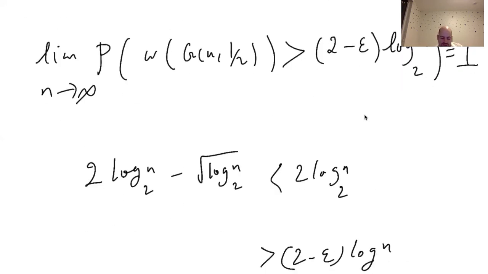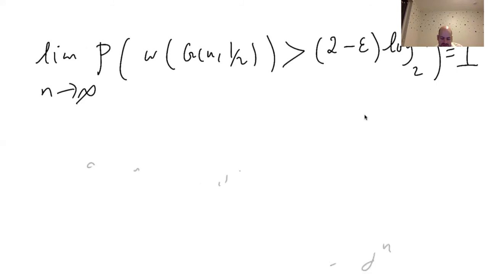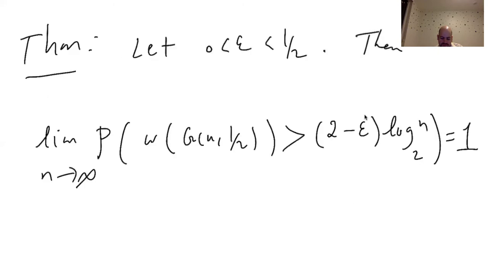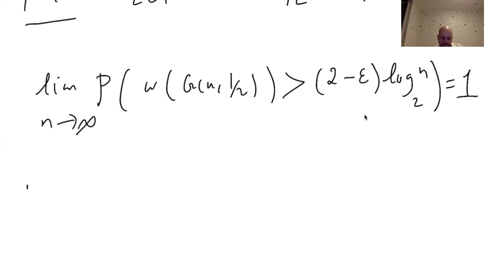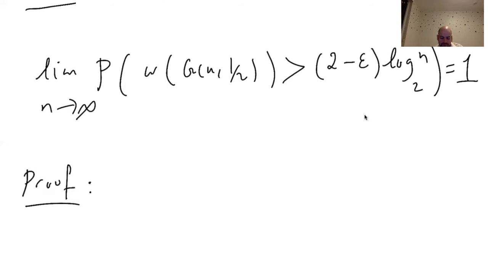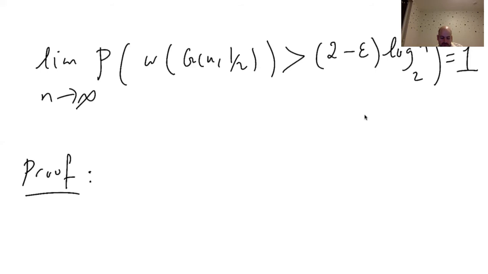Okay, now let's go back to the proof of this theorem. So, proof. This number 2 minus epsilon log n, this time I can work with similar notation we used in the previous theorem. If you remember, we worked with some number L, which was the ceiling of 2 log n.